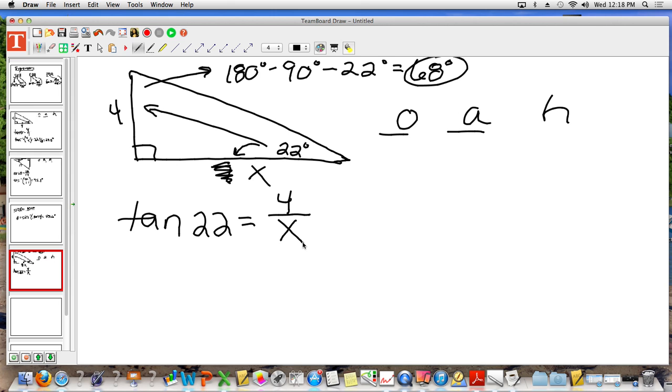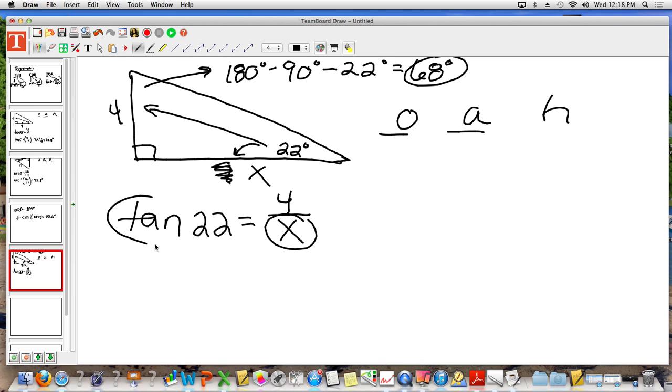Now, I don't know what you guys have been taught up until now about this, but this is the skinny of a problem like this. If the variable you are trying to solve for is on the bottom of a fraction, like this one right here, all you have to do is switch it with the other side of the equal sign.